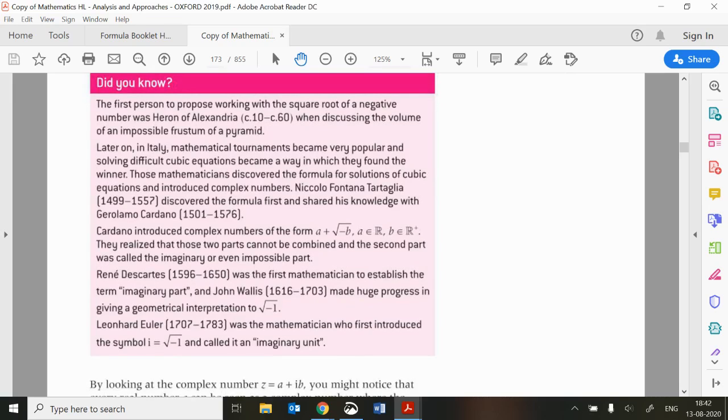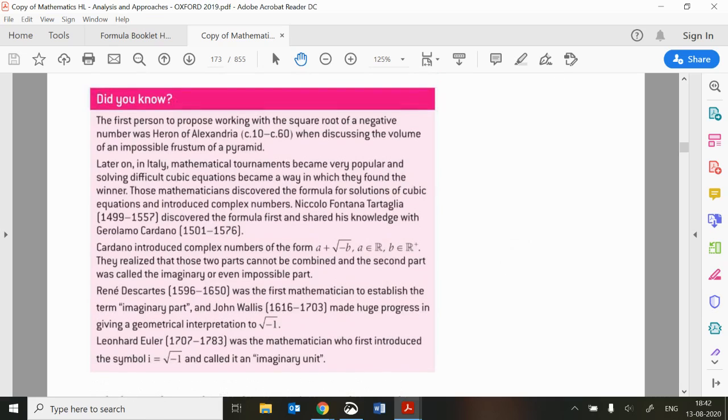Okay, so when discussing the volume of an impossible frustum of a pyramid, so that's like a chopped off top of a pyramid. But that's interesting, but of course they didn't have all of the algebra back in the day there, but we're talking about this still turning up in the mathematics in the era before the kind of dark ages, if you like.